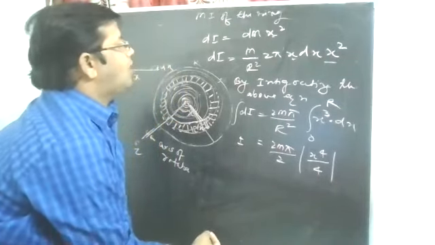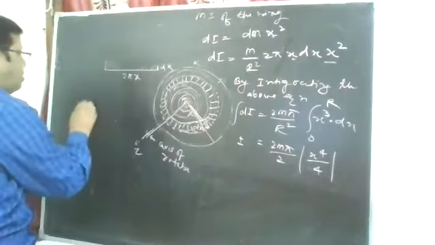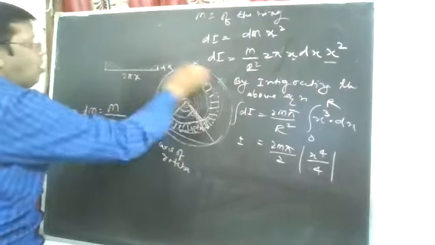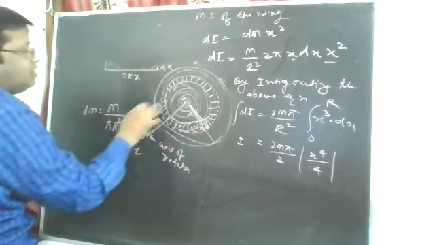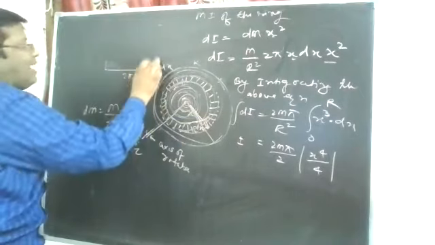Mass per unit area, pi also cancels out. See here, how have we determined dm? The total mass m is present in how much area of the disc? Pi r square. What is the area of this ring we have obtained? 2 pi x into dx.